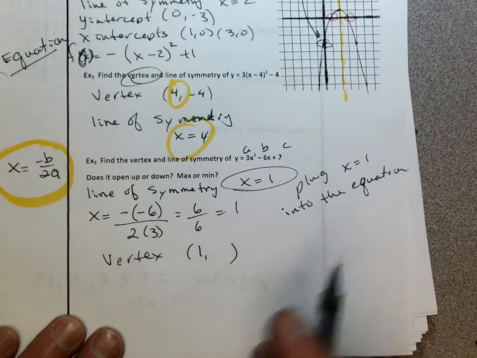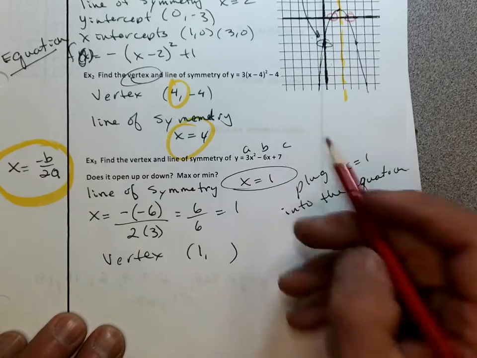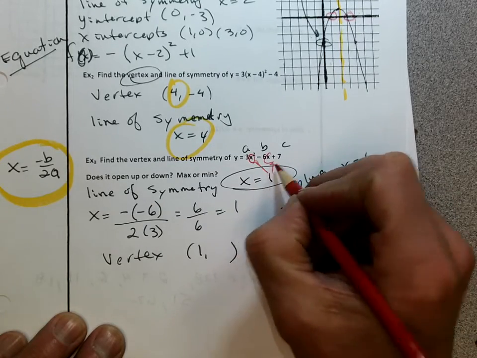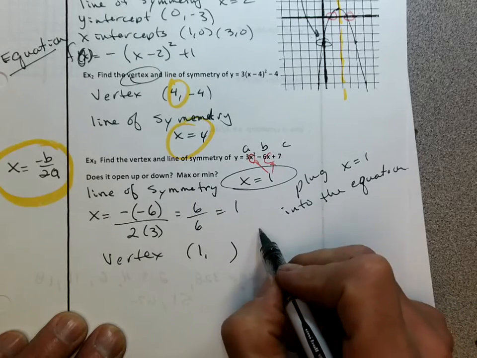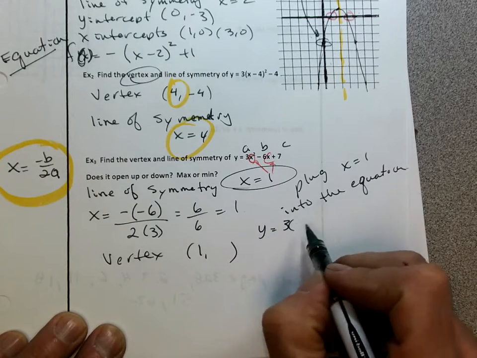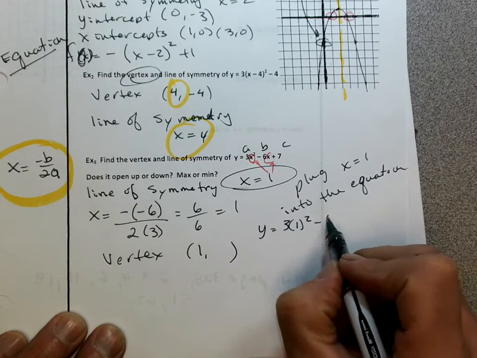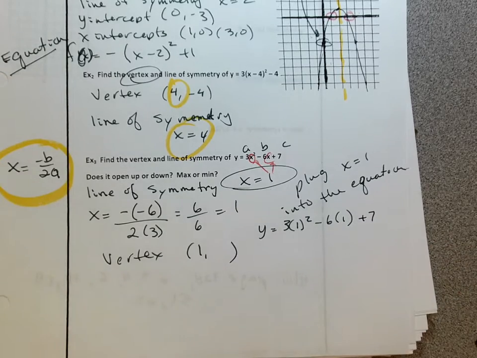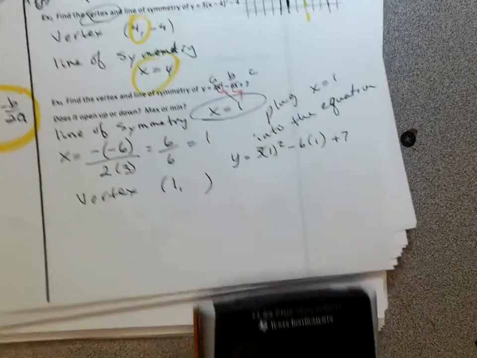I'm going to take my x, plug in my 1 there and there. So y is equal to 3 times 1 squared minus 6 times 1 plus 7. I am lazy. I'm a mathematician. It's all about math.